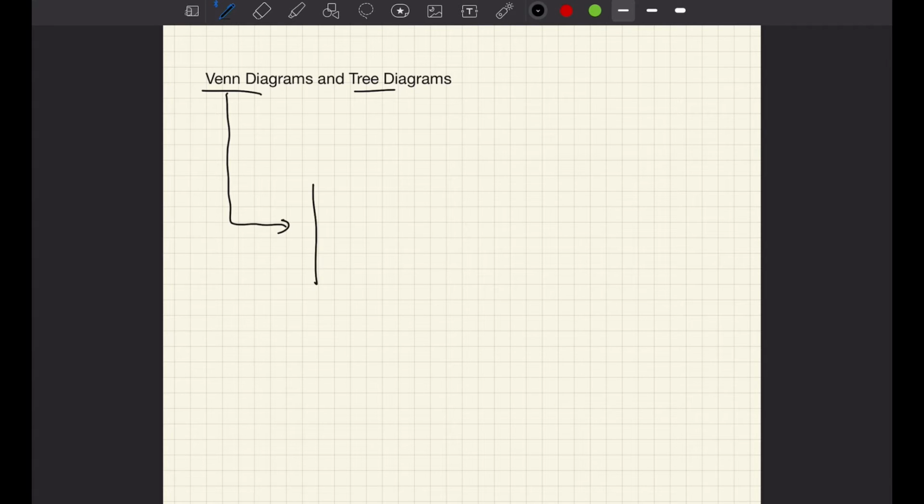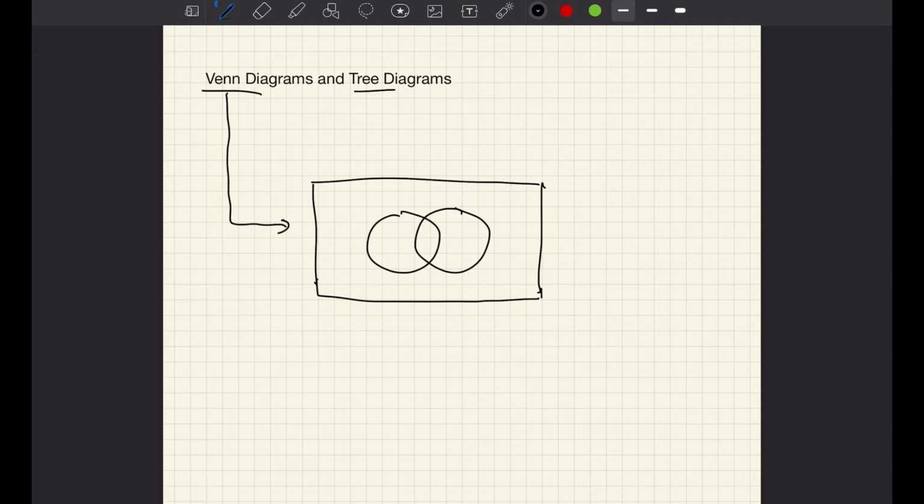So you might have seen Venn diagrams before. They look like this, the box with two circles in them, where this might be event A and this event B. So what this does is it relates multiple events together.